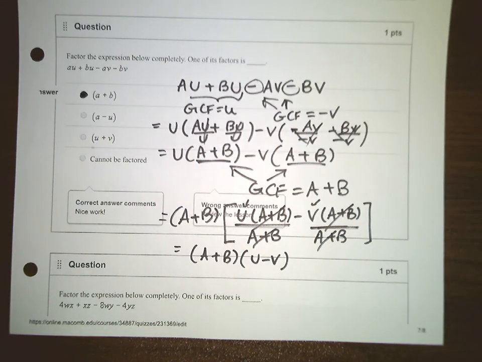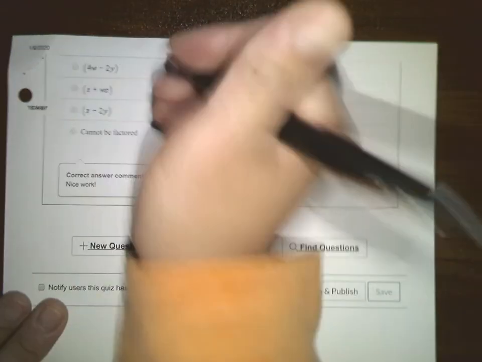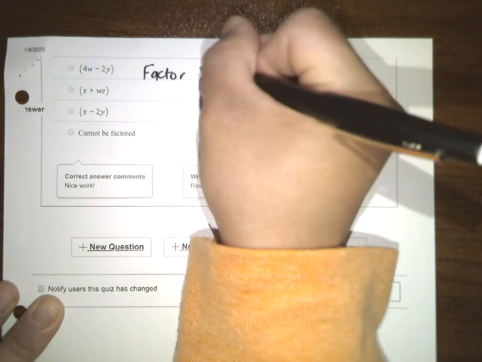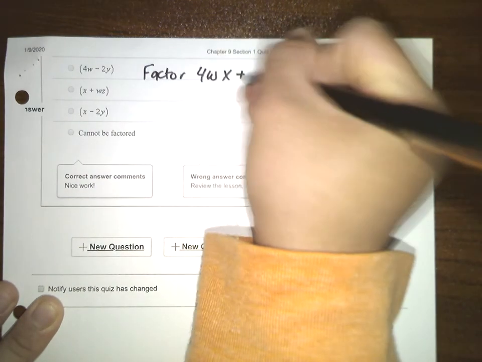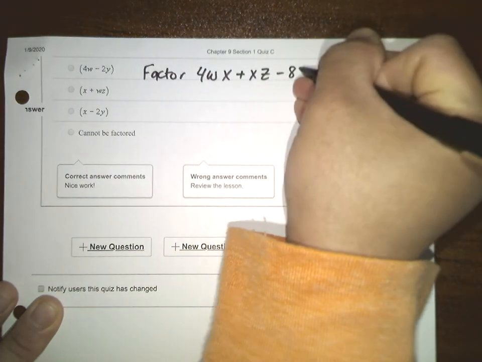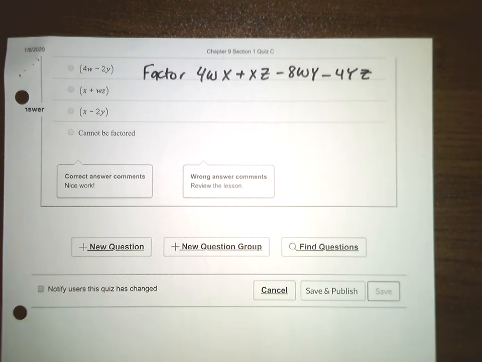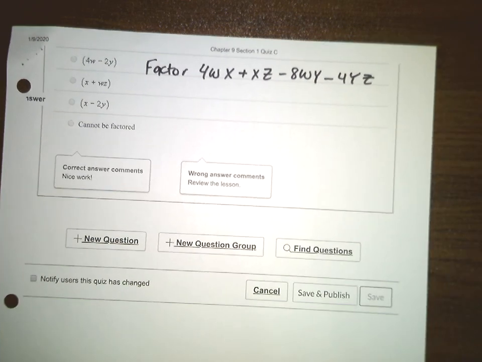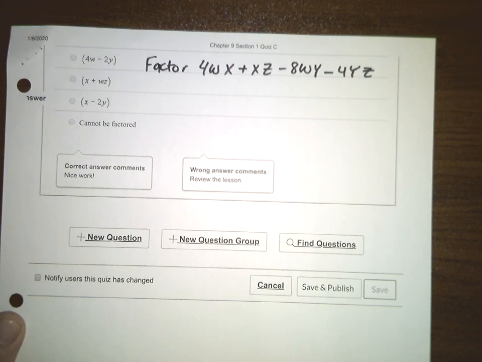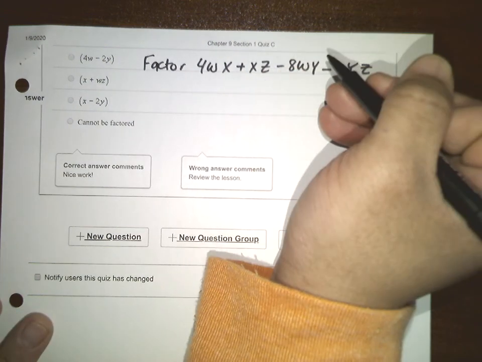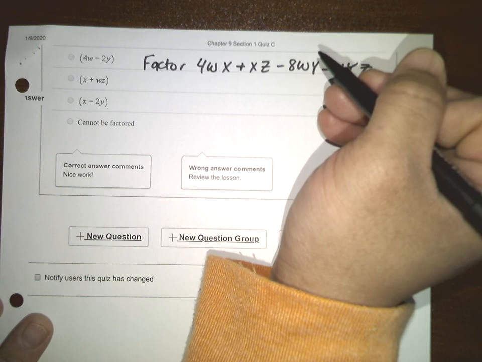All right, I hope that you're enjoying this because we have one more example still. So here it is, it got cut off. So let's factor 4wx plus xz minus 8wy minus 4yz. All right, so now what do we have here? Remember this is 4 terms, so I'm going to do factoring by grouping.